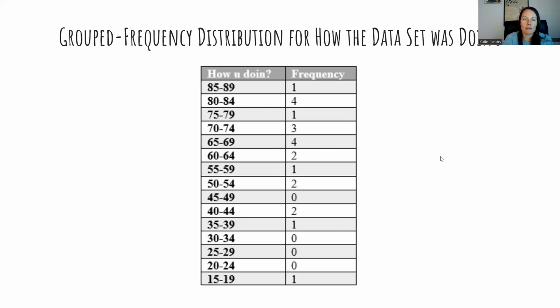We have our variable in our left column, we have our frequencies in our right column, and we have them even for our class intervals that don't have any frequency. It's really important to include that still as we move through it. And then we see that we gave our group frequency distribution table a name. So it's really important to have all of those properly formatted.